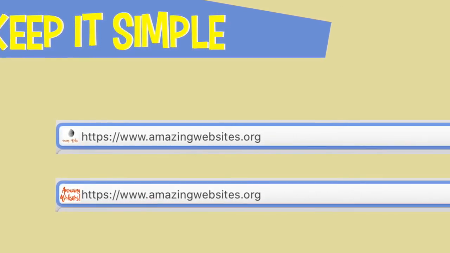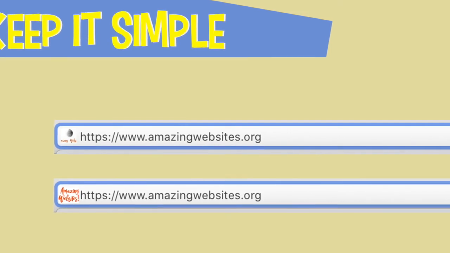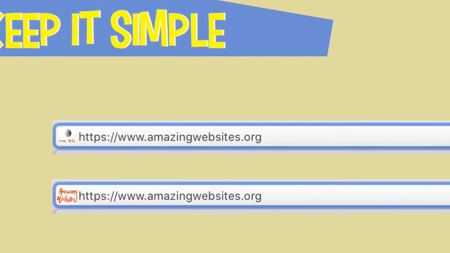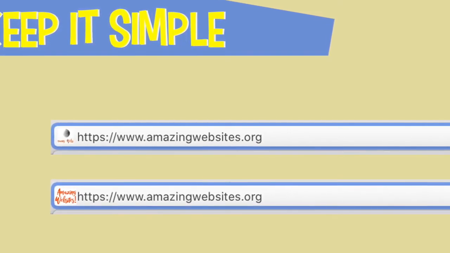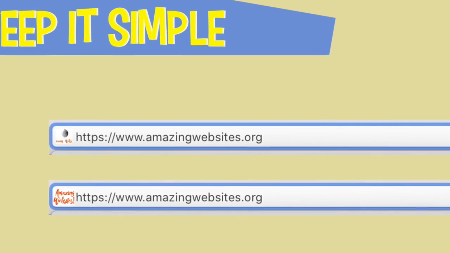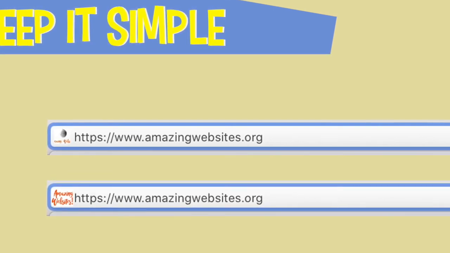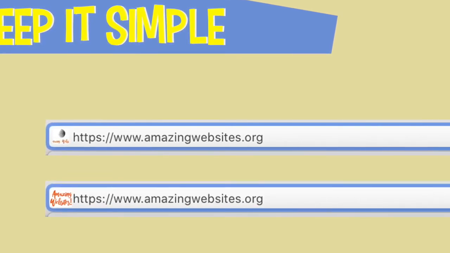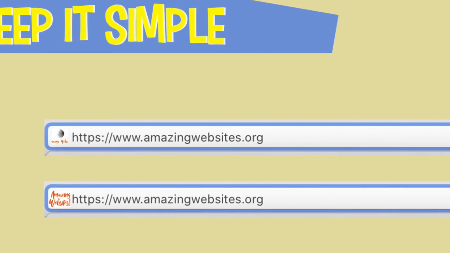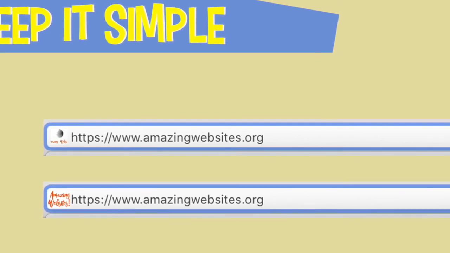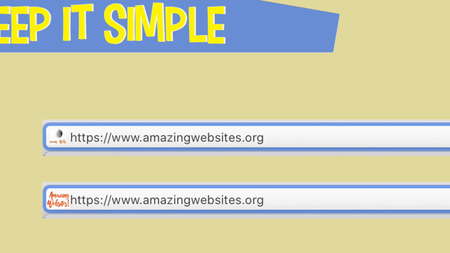So I changed it to amazing websites, and it's so much easier to see. So the rule is keep it simple. There's a reason Netflix uses an N or Google uses a G. You want to keep it simple so it will be readable.